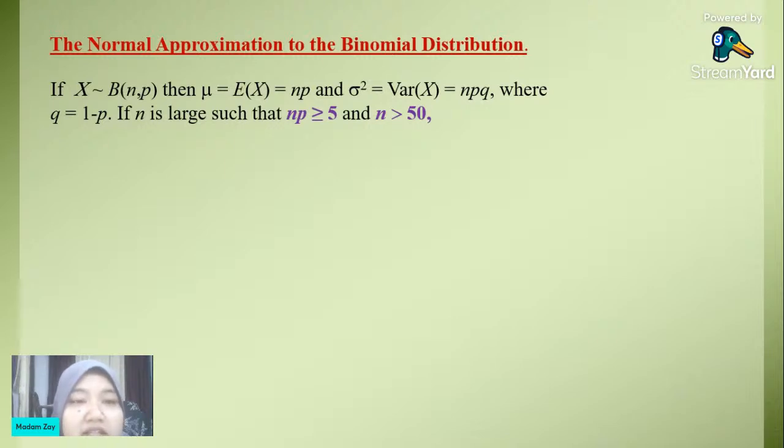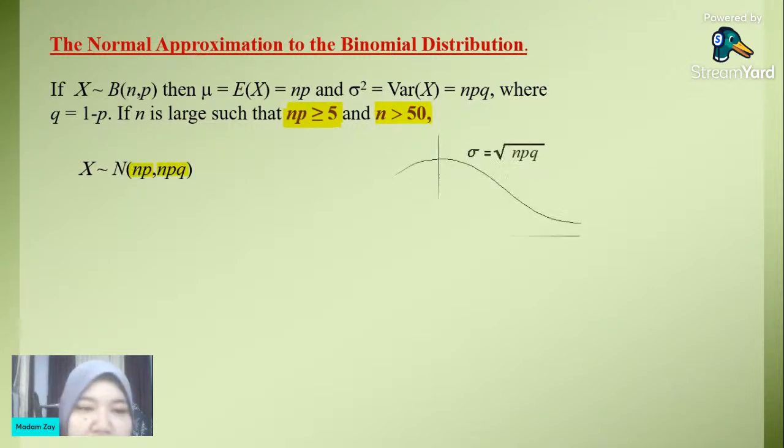If n is large such that np is greater than or equal to 5, and n is more than 50, then we have to approximate to the normal distribution, where the parameters are the mean and the variance. So the mean is np, and the variance is npq.